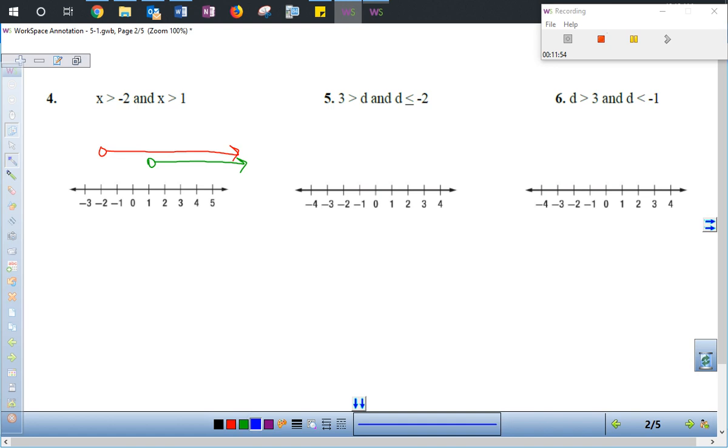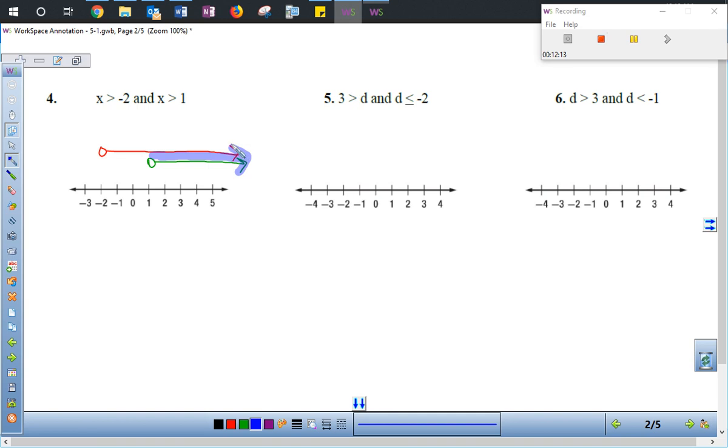Now, since this is an "and" inequality, I want where the two graphs overlap. So they start overlapping here at 1, and if I follow where they're overlapping, notice I ended up highlighting both of those arrows. That means they keep going in the same direction. They're not going opposite directions like 1, 2, and 3.